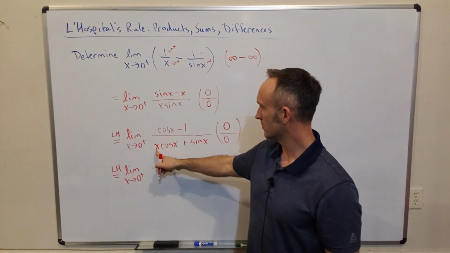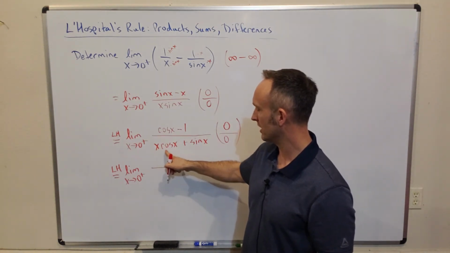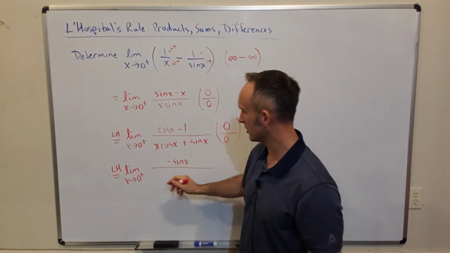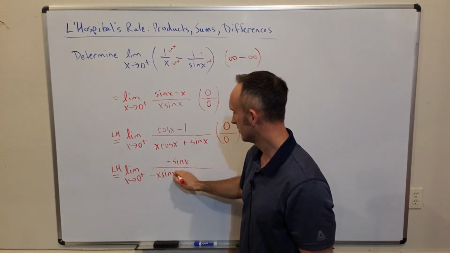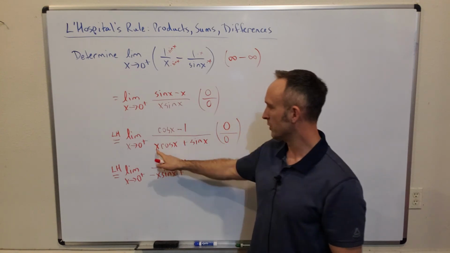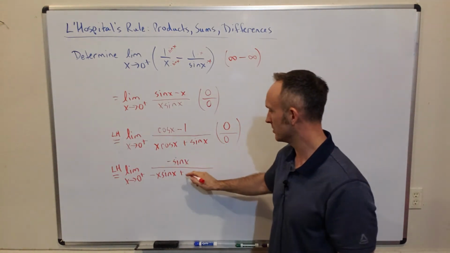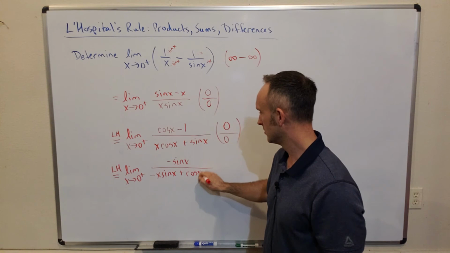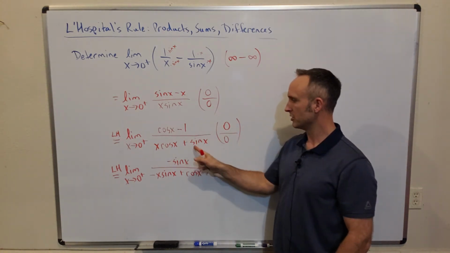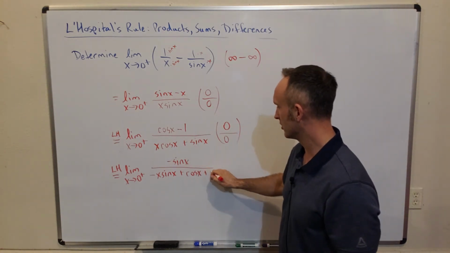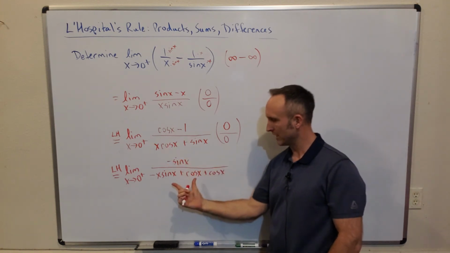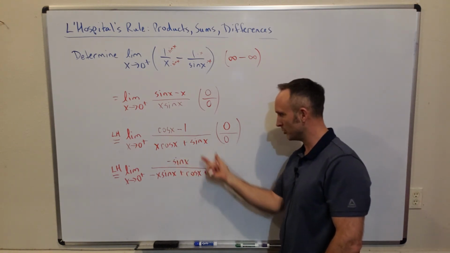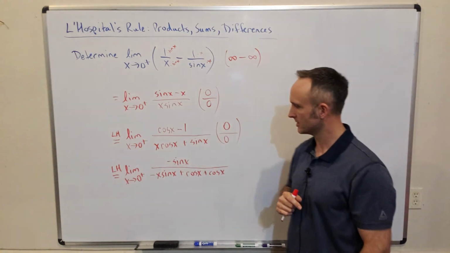So I'll take the first function times the derivative of cosine x, so x times negative sine x gives me negative x sine x, plus the derivative of x is 1 times cosine x. Plus the derivative of sine is another cosine x. So product rule gave me these two terms, plus the derivative of sine gave us this cosine x.